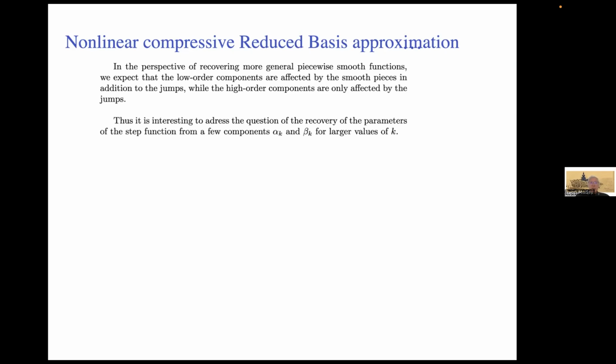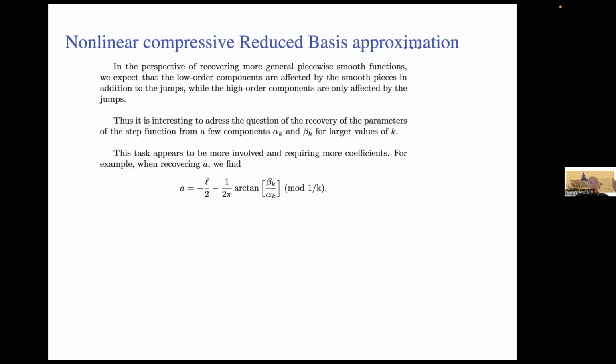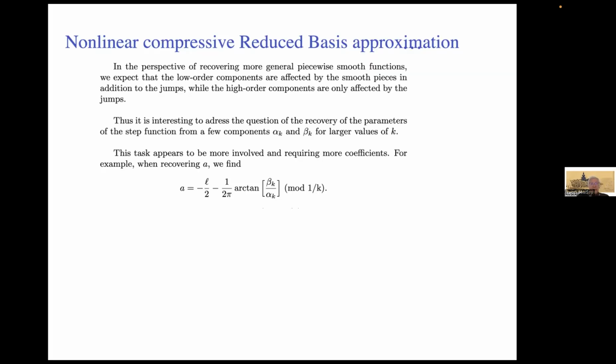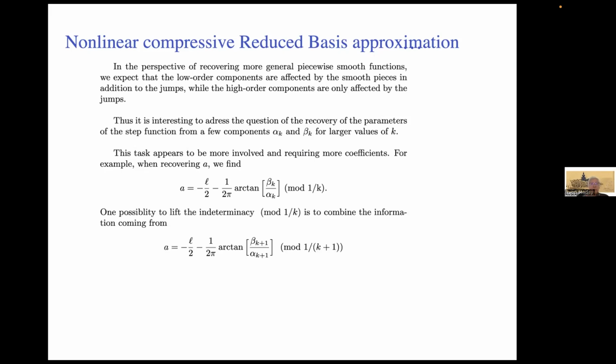to address the question of whether we can recover all the coefficients from the ones with a larger k. What is obtained in the case where b and L are constant is that a can indeed be recovered from alpha k and beta k modulo 1 over k, meaning that if we use the same formula with k plus 1, we have a modulo 1 divided by k plus 1.